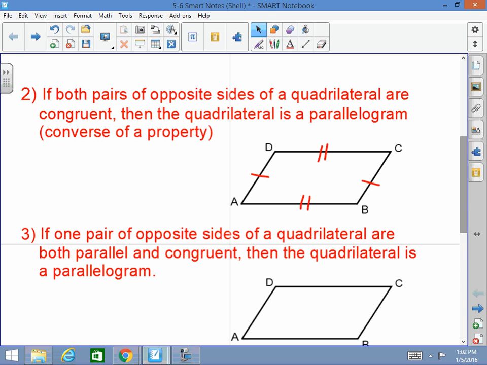No, it is not by definition. That is a parallelogram. By definition, if opposite sides are congruent, that is still just a parallelogram. Now, could we add extra things to make that a rectangle? Sure. But right now, straight up, if opposite sides of a quadrilateral are congruent, then it is a parallelogram. That's it. Okay?